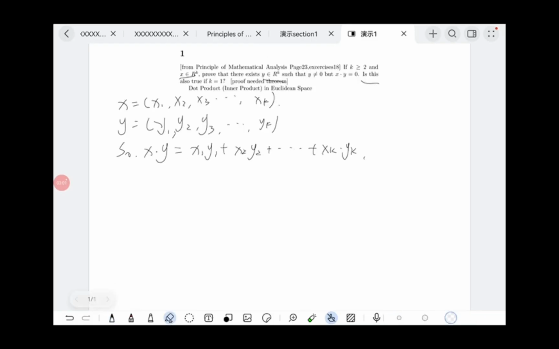We want the dot product of x and y to equal 0.